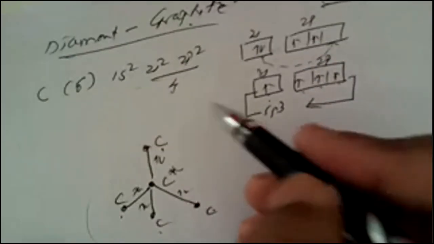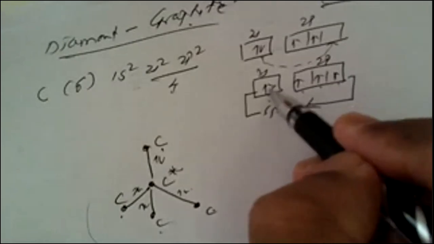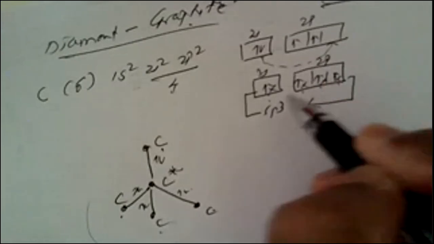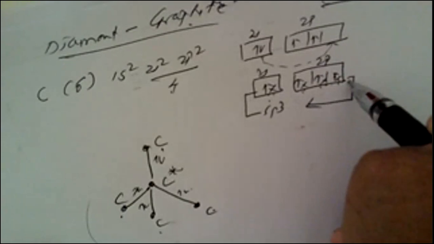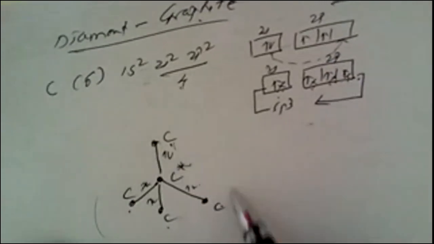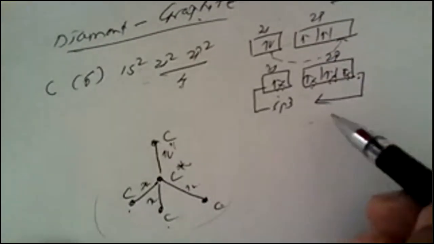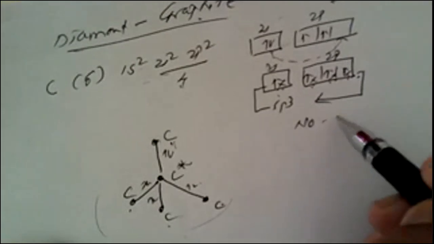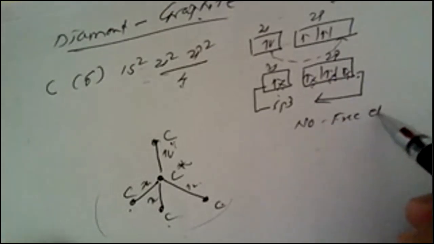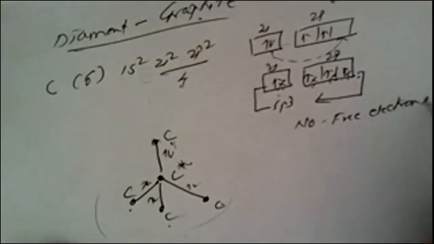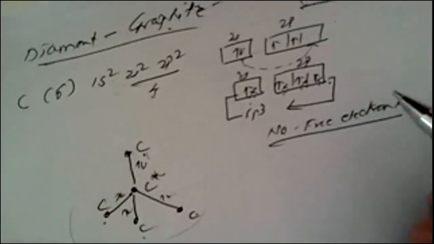So in case of diamond, by common sharing of electrons, these are the electrons which I have shown, which are shared by the surrounding carbon atoms, and because of this, no free electrons are present in the structure of diamond.